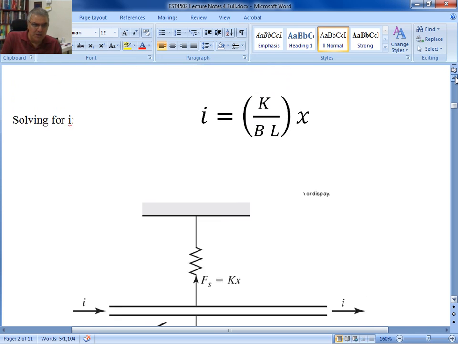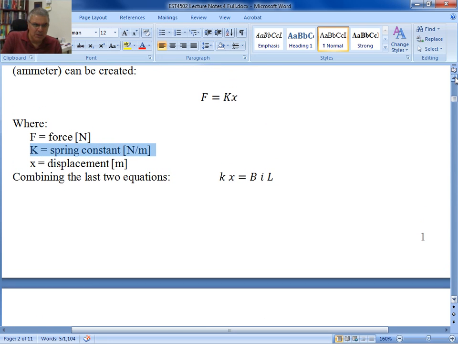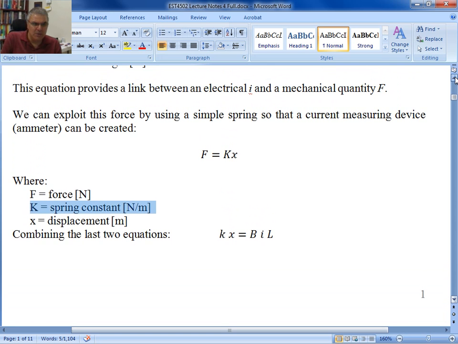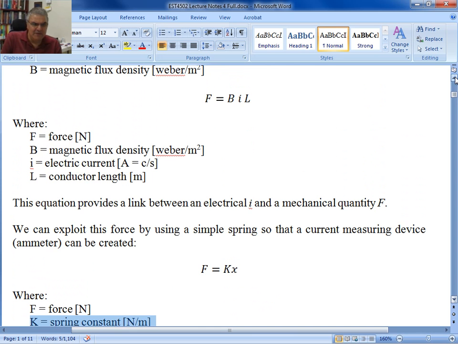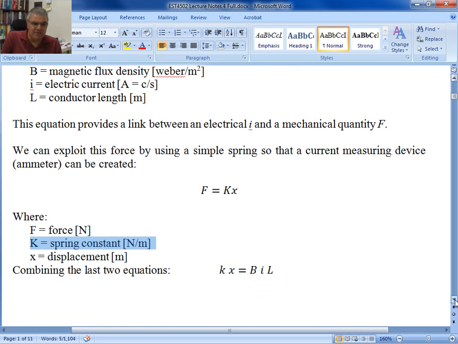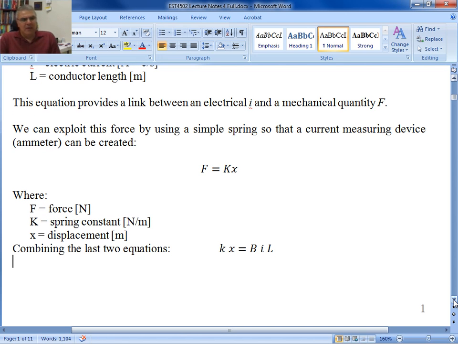What we try to do is relate these equations to be able to calculate K. So we combine these equations. F is Kx and F is BIL. As such, you can see that Kx would be BIL as shown here. So from here we can simply measure X as BIL divided by K.